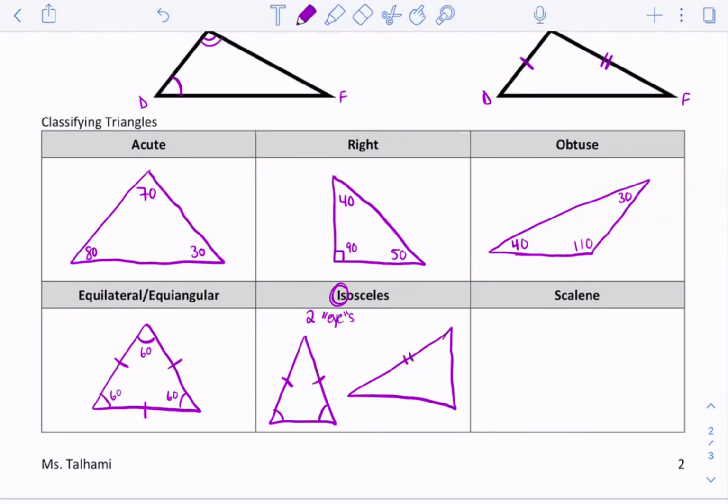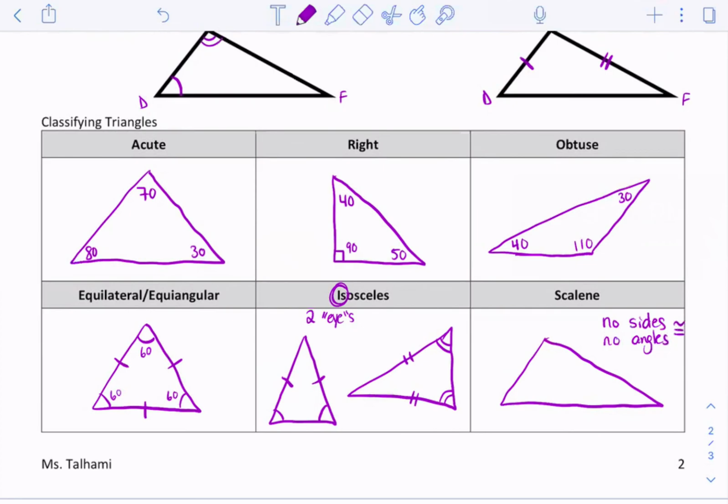Here's two sides and two angles, congruent or equal. And then scalene has no sides or no angles equal. So no sides and no angles congruent.